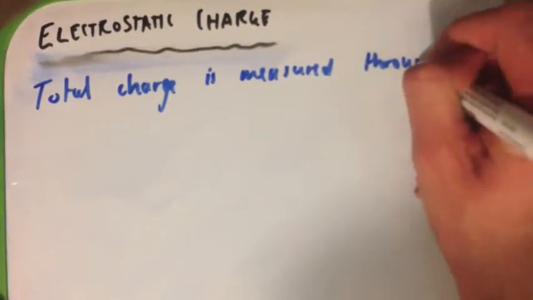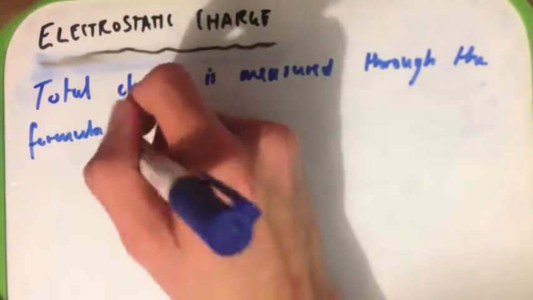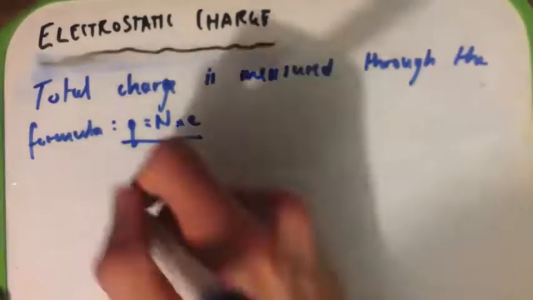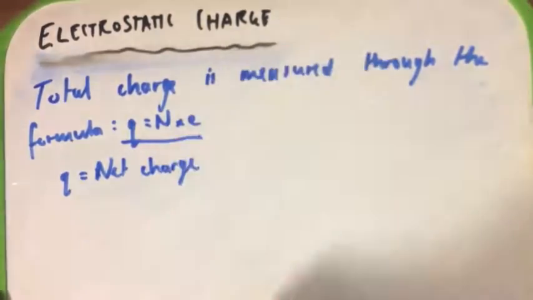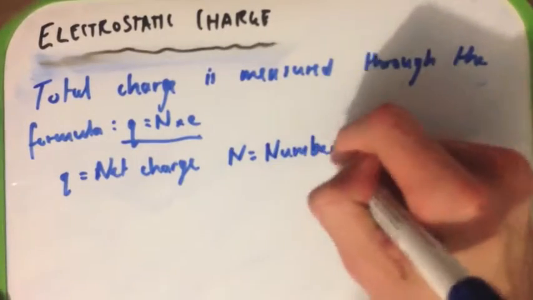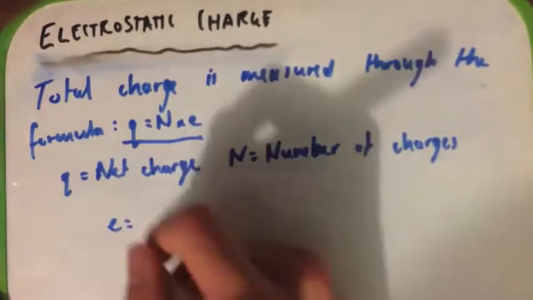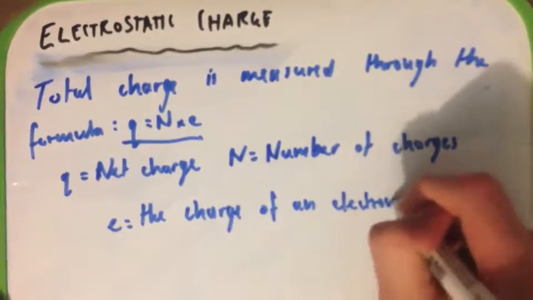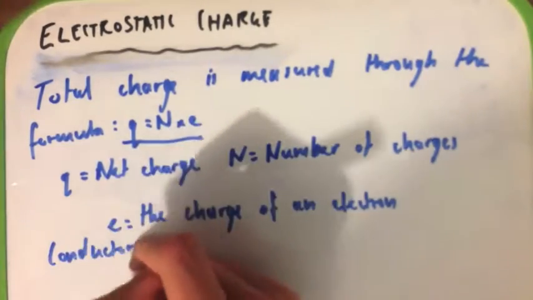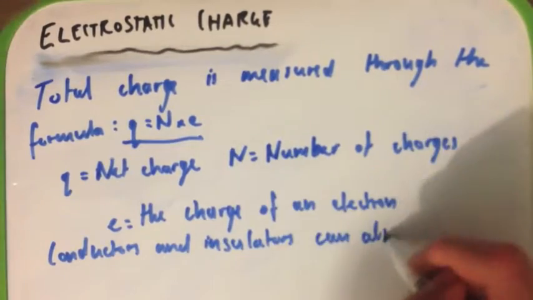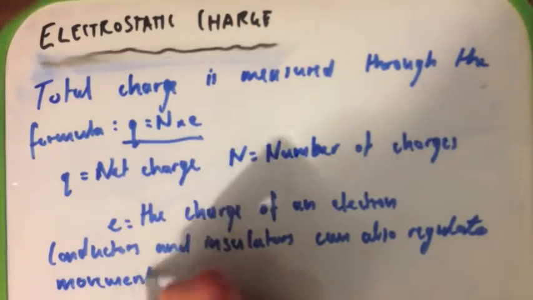Total charge is measured through the formula Q equals N times E. Q stands for net charge, N stands for number of charges, and E stands for the charge of an electron. Conductors and insulators can also help regulate movement of electrostatic charges.